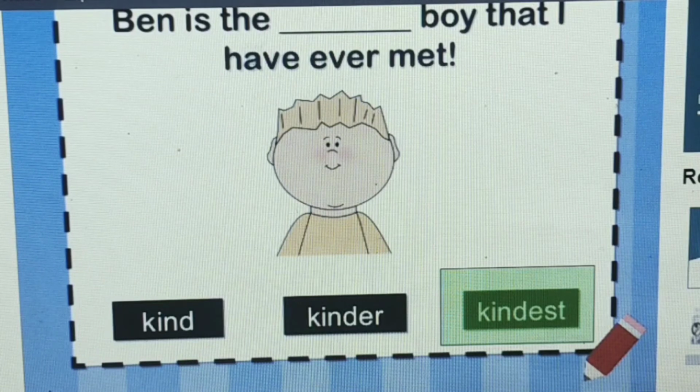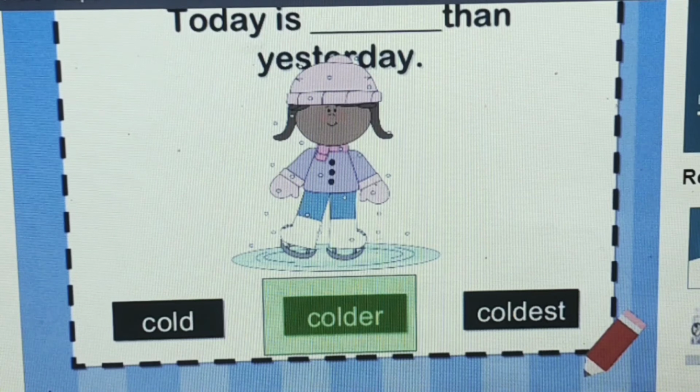Ben is the dash boy that I have ever met. So many boys are compared. So it is superlative degree. The kindest. Today is dash than yesterday. Comparison. Today, yesterday.